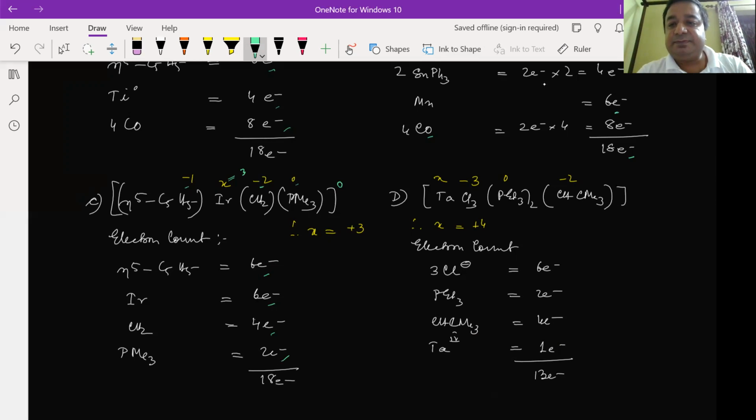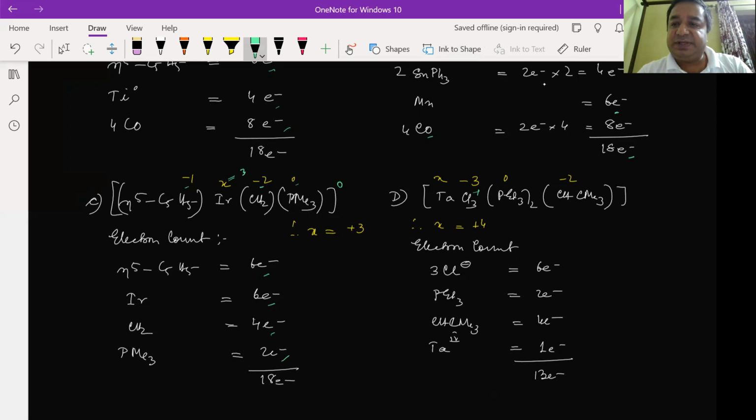For the tantalum, there are 3 chlorines. For each chlorine, it is -1, so -3. PEt3 is obviously neutral. For CMe3, it is again -2.